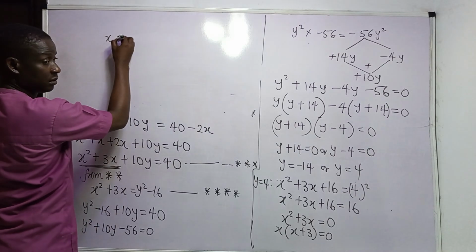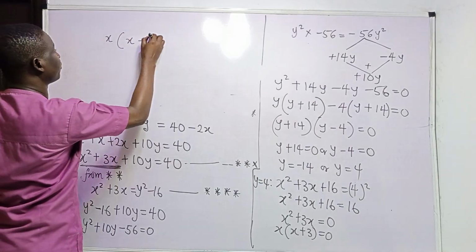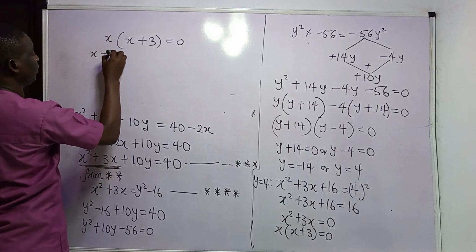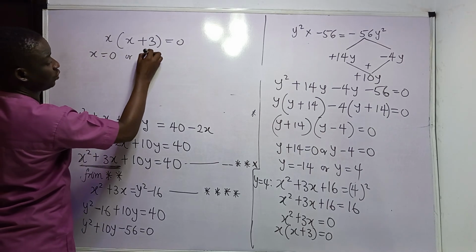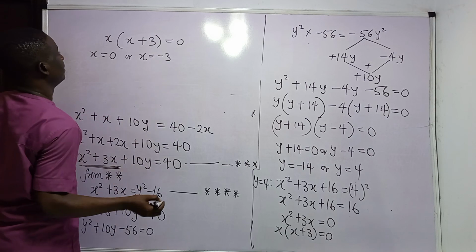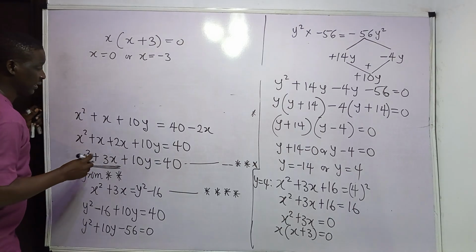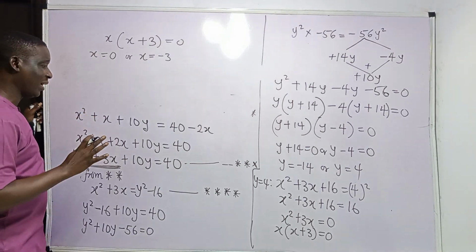X into bracket x plus 3 equal to 0. Therefore, x equal to 0 or x equal to what? Minus 3. That means if you equate this one to be equal to 0, you are going to have minus 3. That is not our two answers we are going to get.